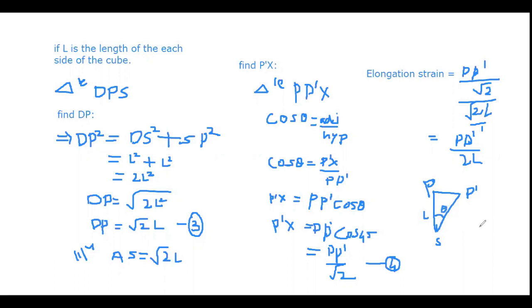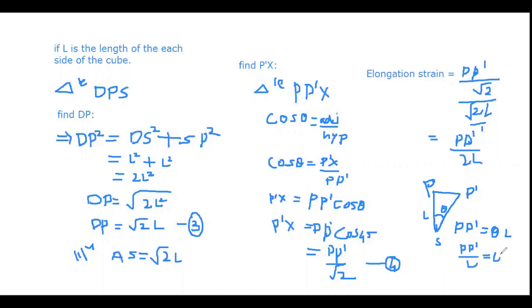This is theta. So as per this diagram, PP dash will be equal to L into theta. I want now PP dash by L, so PP dash by L will be equal to theta.